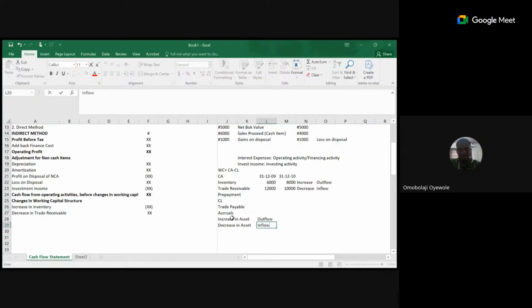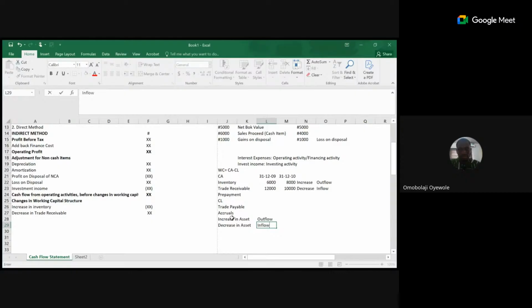So in a question, it can be trade receivable that is increasing while inventory is decreasing. They are both assets. So anytime a current asset, which forms part of the working capital, is increasing, it is an outflow. That means money is going out. And anytime an asset is decreasing, it is an inflow. Money is coming in.